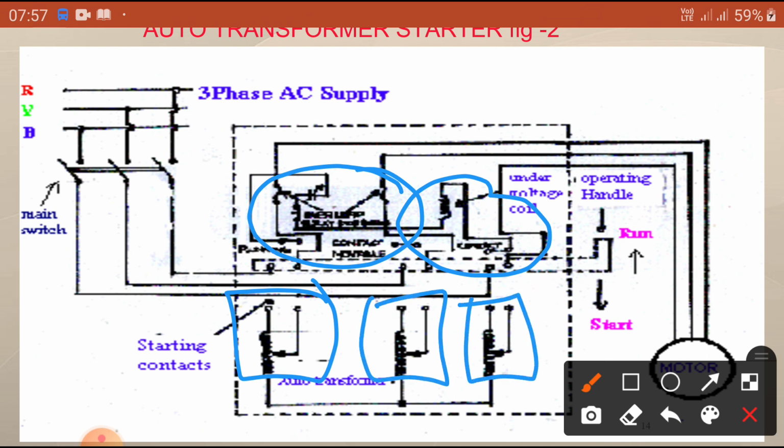In addition to the manual operation we have provided the automatic conversion. This type of system is generally used in servo motors, where specified automatic control is required. So this is one example of an auto transformer.